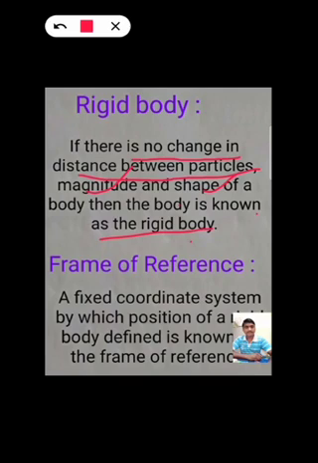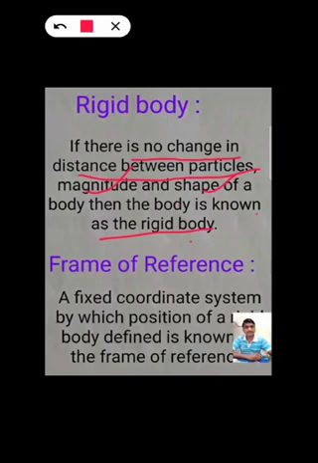The fixed coordinate system by which the position of a rigid body is defined is known as frame of reference. Frame of reference is nothing but a fixed coordinate system which is used to define position of an object. Now we are studying about rigid bodies, so we define it as a fixed coordinate system which is used to define position of rigid body.